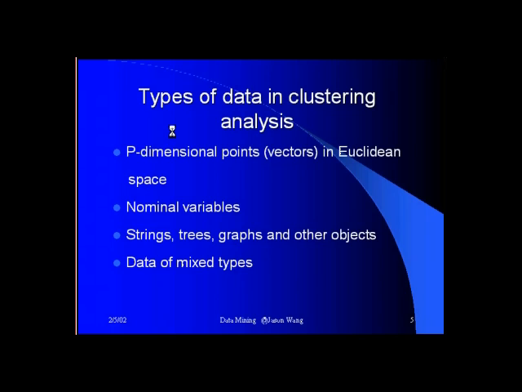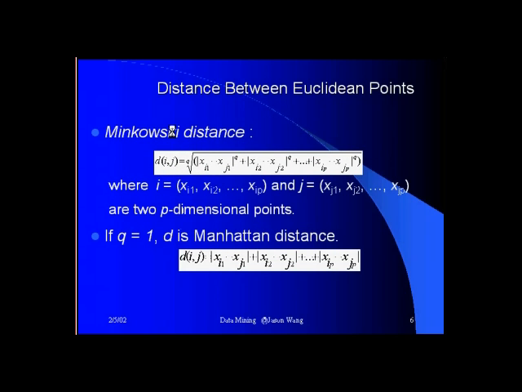So now let us talk about some common distance values in real life. The most common distance in Euclidean space is the so-called Minkowski distance. And the formula for the Minkowski distance is the following.